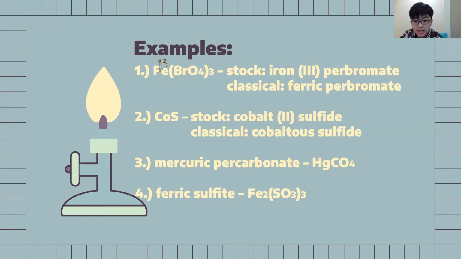So here it is +3, so it is the higher charge. If it is higher charge, name of the first element plus the suffix -ic. And the Latin name here is ferrum. So ferrum plus -ic is equal to ferric, plus perbromate. So the answer is ferric perbromate.